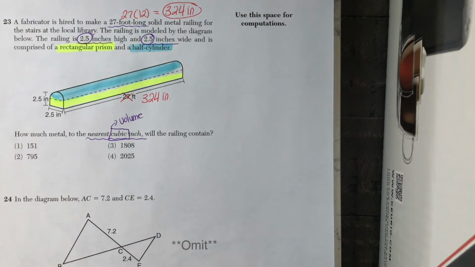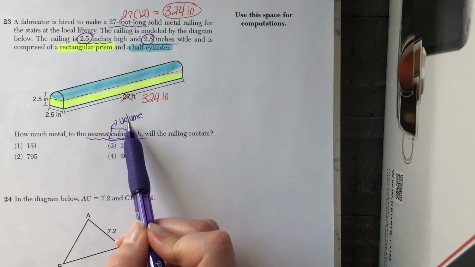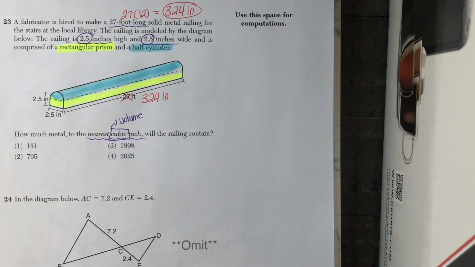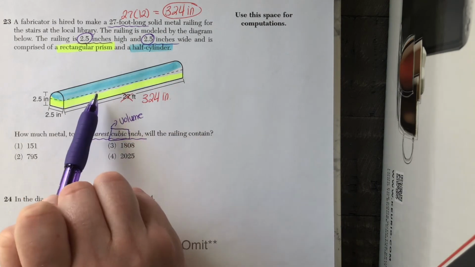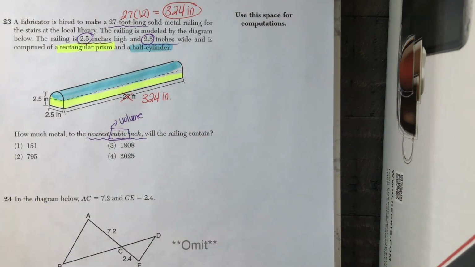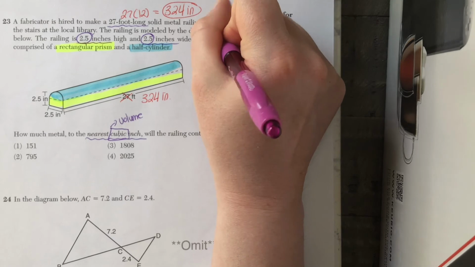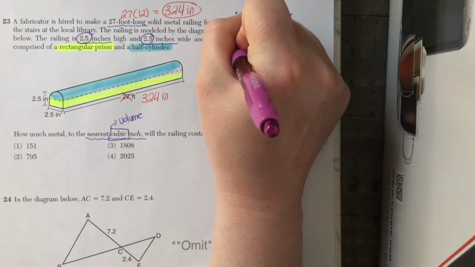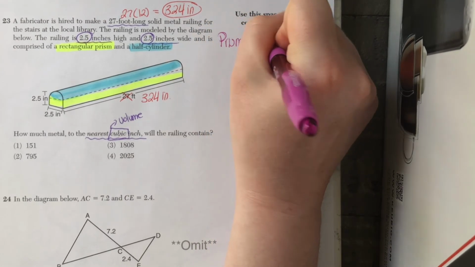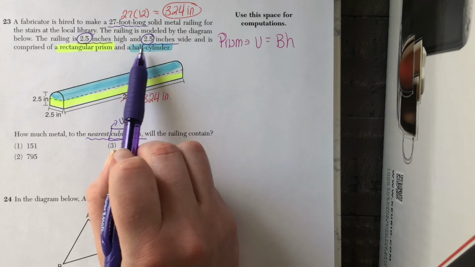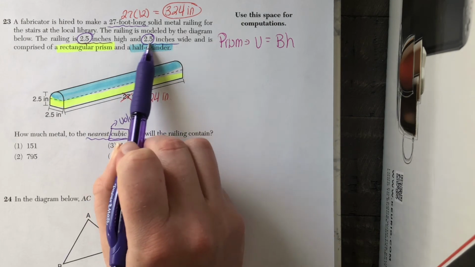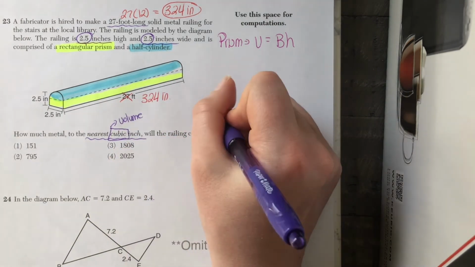Again, since I'm solving for volume, I'm going to go to the last page of my reference sheet and look up the volume of a prism and the volume of a cylinder, and write those formulas down. When I flip to the back, I can see that the formula to find the volume of a prism is capital B times H. I don't see the formula for a half cylinder, just for a cylinder, so I'm going to start by writing that down.